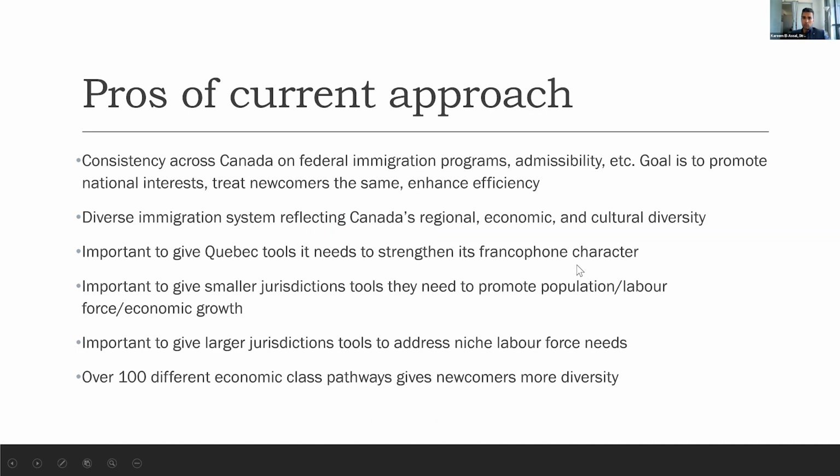Now, when I spoke a bit about the cons with respect to the loophole on the municipal front, I'll speak a bit more on the pros, and I will touch on additional cons in a second. One of the big benefits of our current immigration system is that with the federal government playing the lead role, we do have a lot of consistency nationally in terms of how we operate the system with respect to the criteria of programs, as well as on the settlement front.